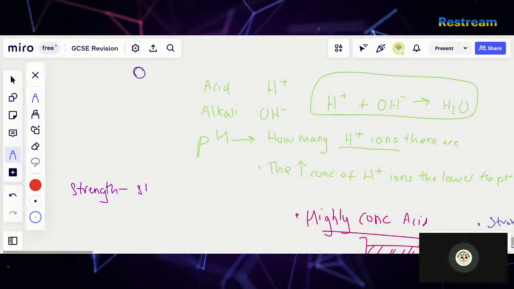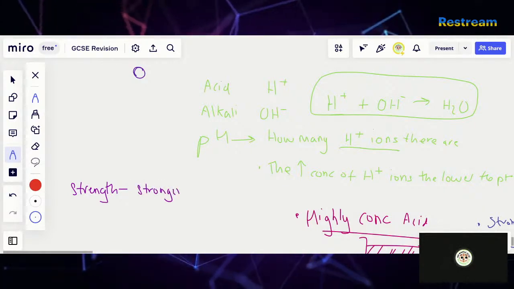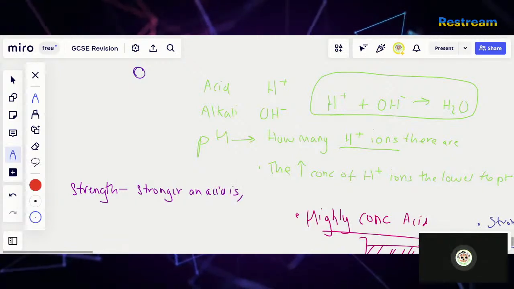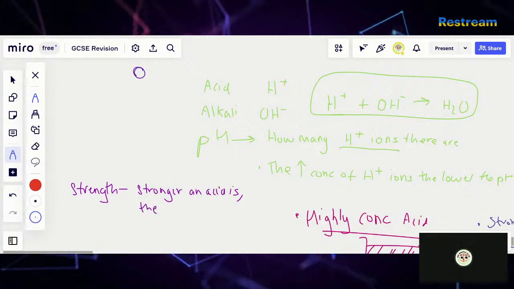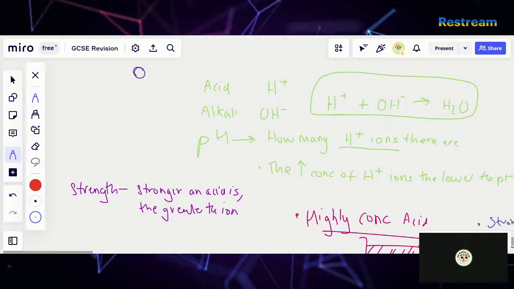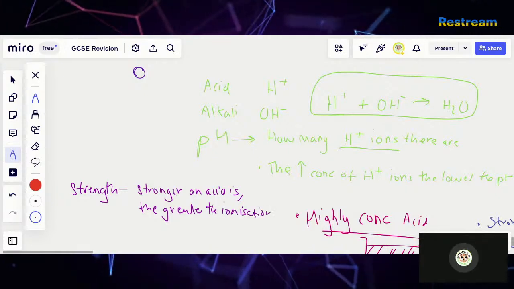The stronger an acid is, the greater the ionization. Ionization is it becomes ionic.